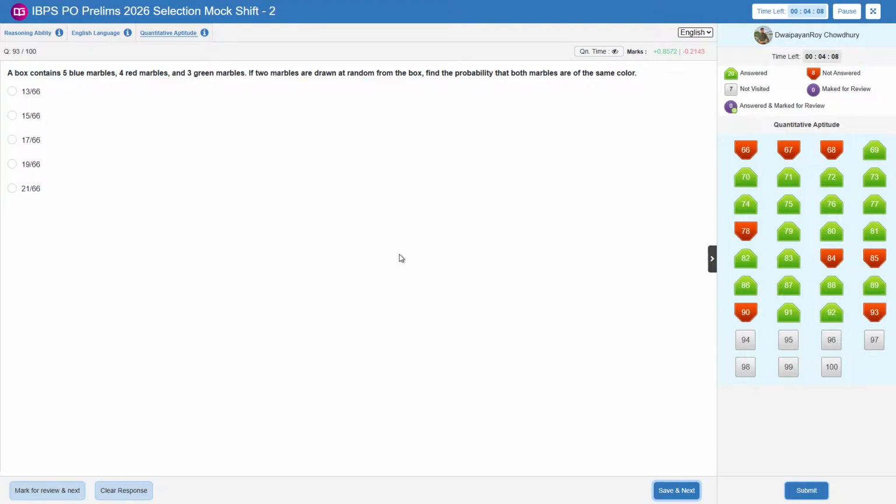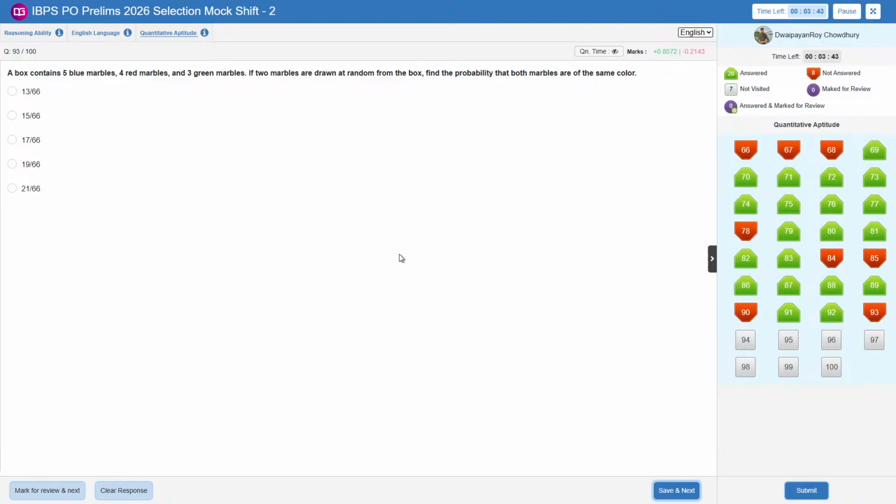A box contains this. Two marbles are drawn. Probability both are of the same color. So 5C2 upon total what? 12C2 plus 4C2 upon 12C2 plus 3C2 upon 12C2. So 12C2, 12 into 11.